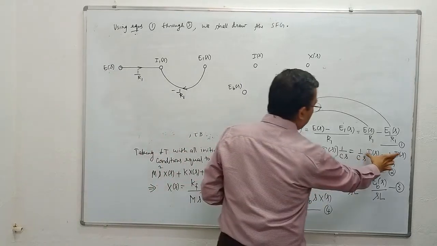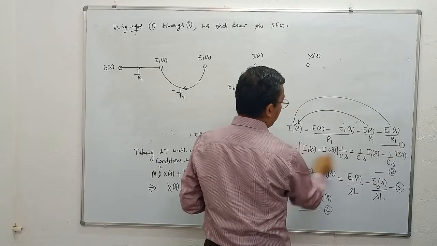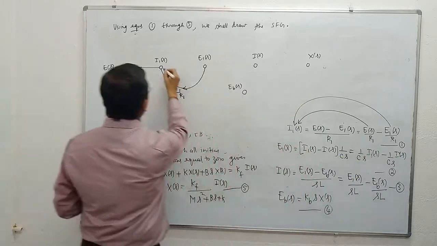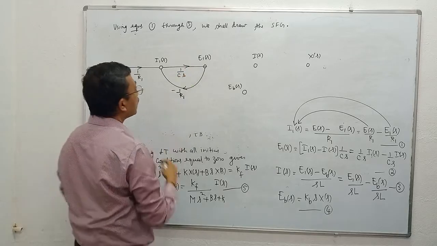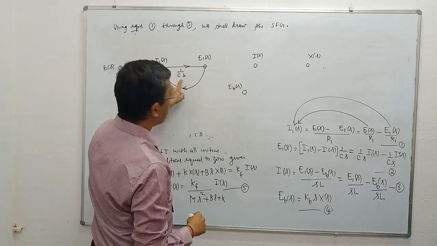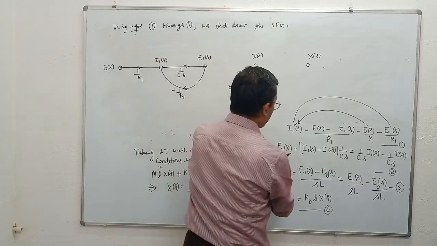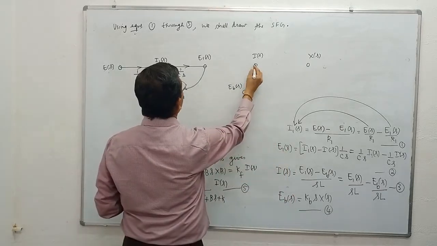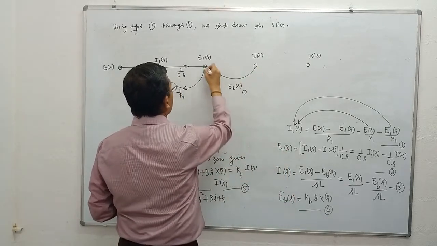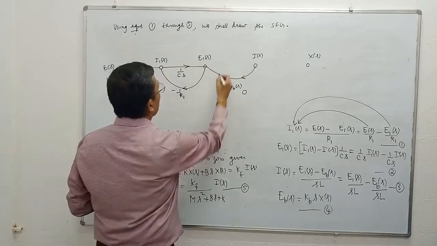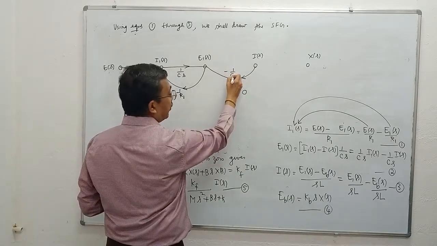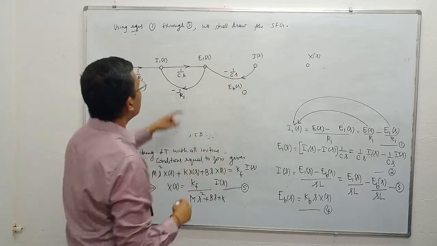Now these two signals must enter E1 of s. I1 of s into 1 by Cs must enter E1 of s. I of s multiplied by minus 1 by Cs must enter E1 of s.